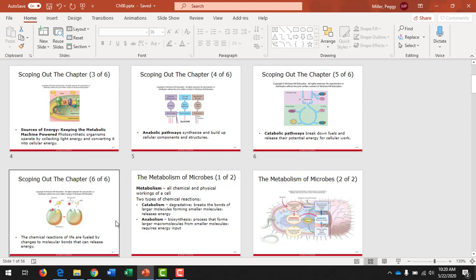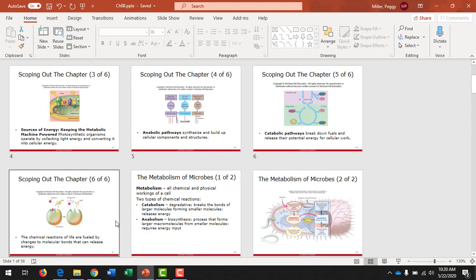Now, if you've already taken advanced A&P, this will be a nice review because you go over those same type of steps. If you haven't taken advanced A&P yet, this will be a preview. And if you're taking it at this exact same time, sometimes the units go at the exact same time as each other. So you might be hearing about Krebs cycle and electron transport chain from both ways.